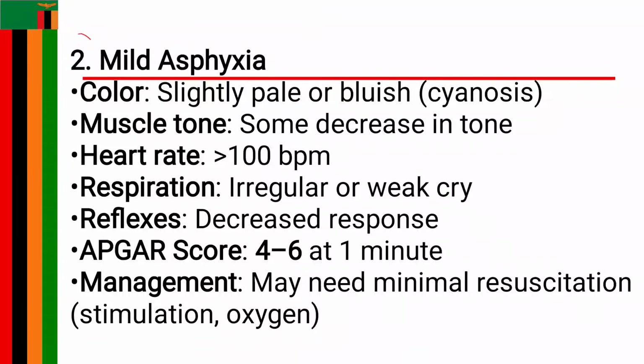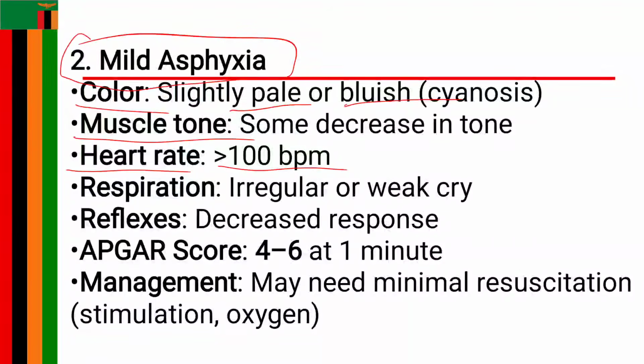The next classification is what is known as mild asphyxia. In terms of mild asphyxia, for you to tell that the baby has mild asphyxia, the color, the child looks slightly pale or bluish. Apart from that, muscle tone, there is some decreased muscle tone, of course. Then apart from that, the heart rate is greater than 100 beats per minute.